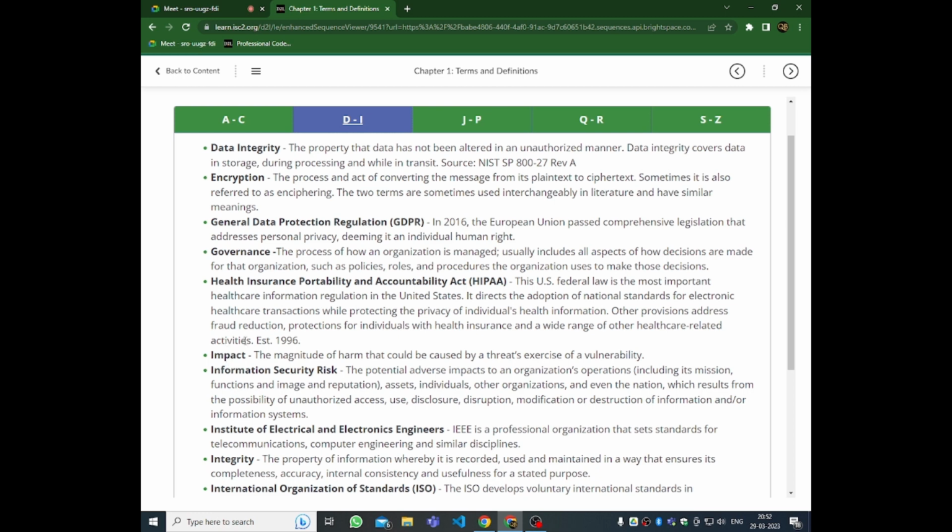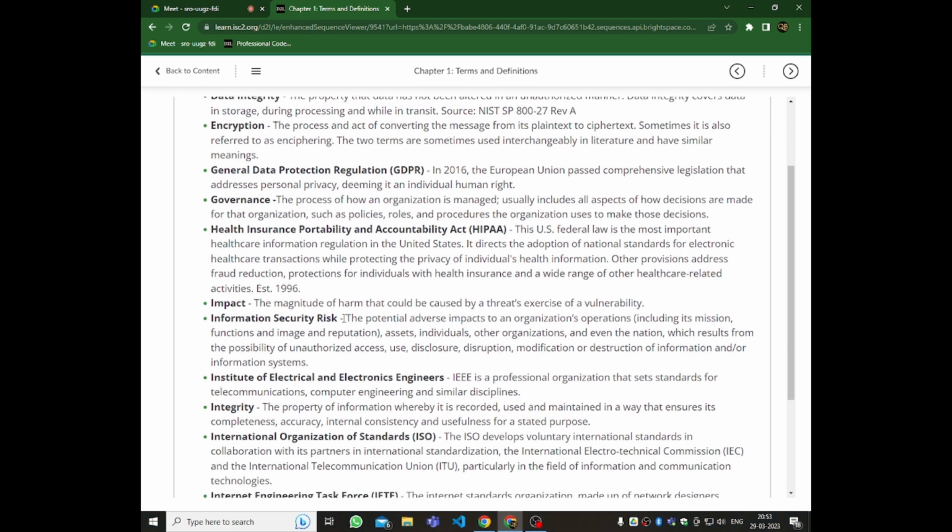And the next is impact: the magnitude of harm that could be caused by a threat's exercise of a vulnerability.